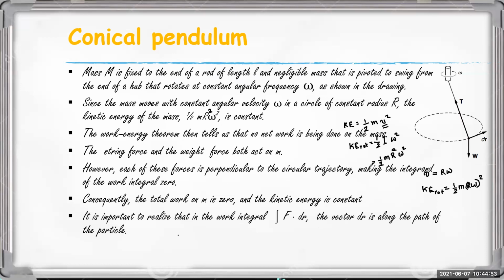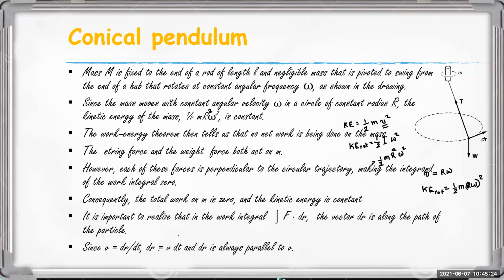Before going to another topic, mathematically we can obtain that the direction of dr is parallel to v, because v is equal to dr divided by dt.